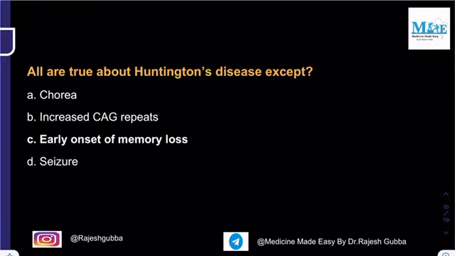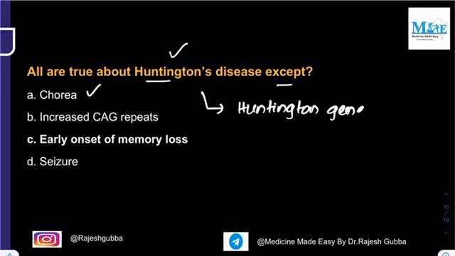If you see the third question: all of the following are true about Huntington's disease except. The options are chorea, increased CAG repeat, early onset of memory loss, and seizures. Chorea, yes, the name itself is Huntington's chorea, a genetic disorder due to mutation of the Huntington gene, present on chromosome 4.